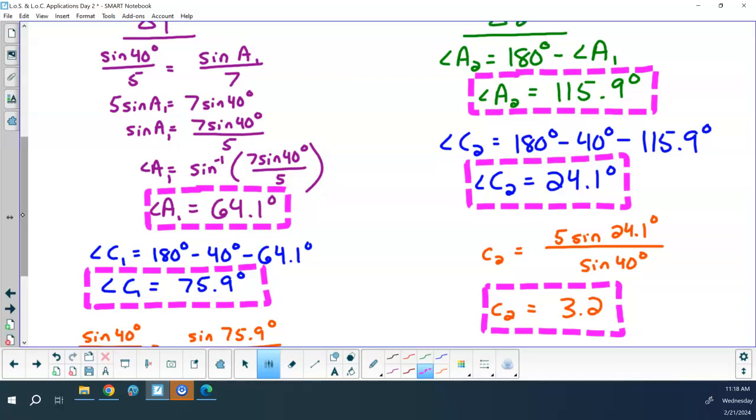So over here, Abby, we found angle A sub 1 first. So over here, I have to find angle A sub 2 first again, the first one in the second triangle, yes. And then this one is just the three angles of my new triangle have to add up to be 180 degrees.